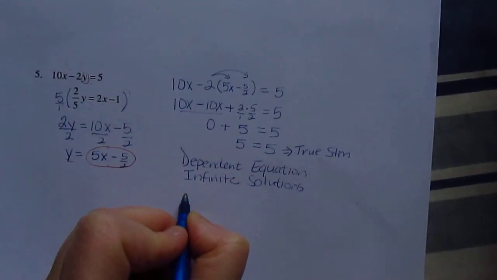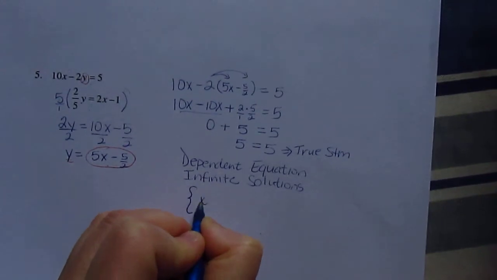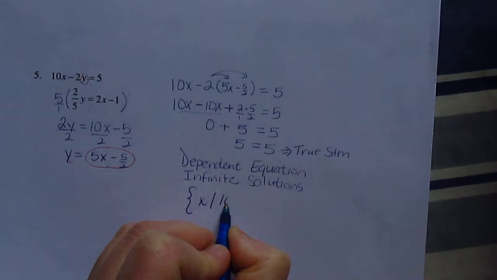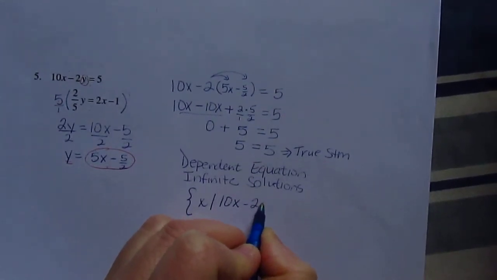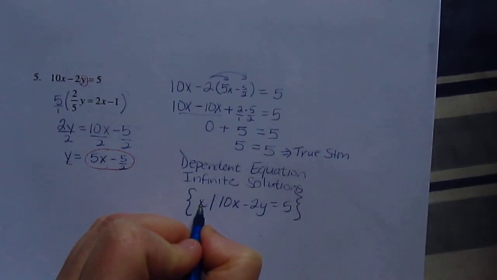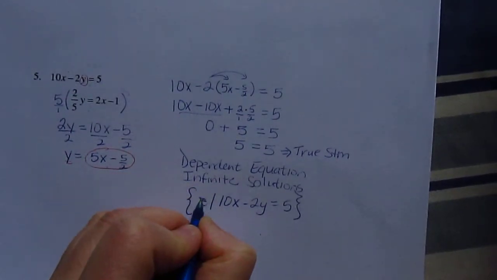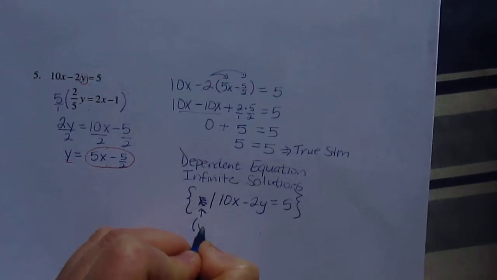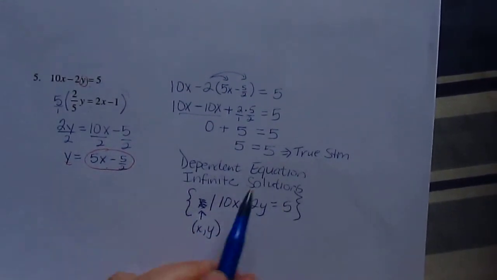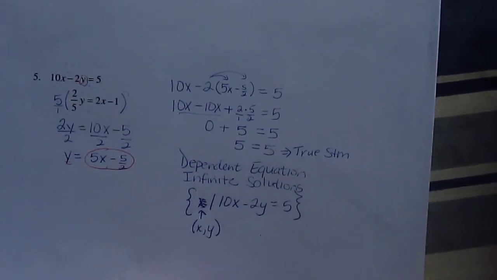All the solutions are the set of all x, y points such that, using the first equation, 10x minus 2y equals 5, this relationship holds. That's my set of infinite solutions. And that's how you write it.